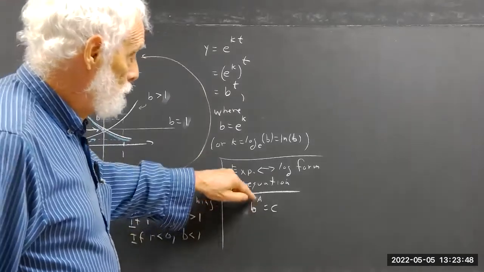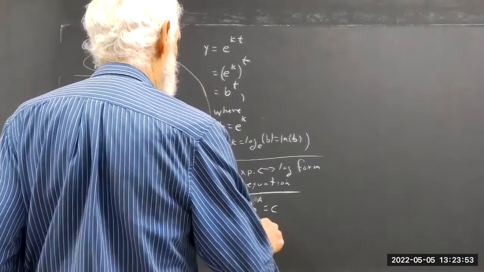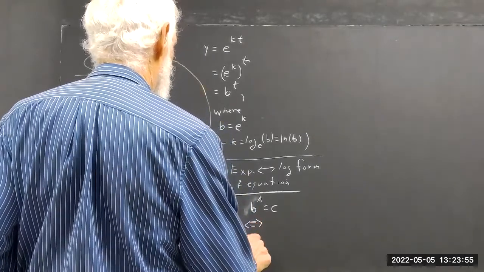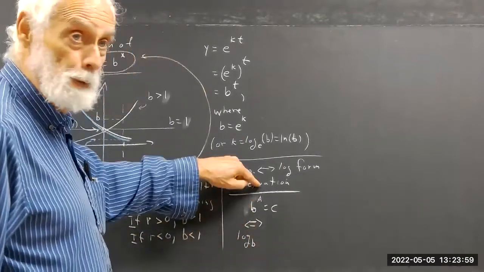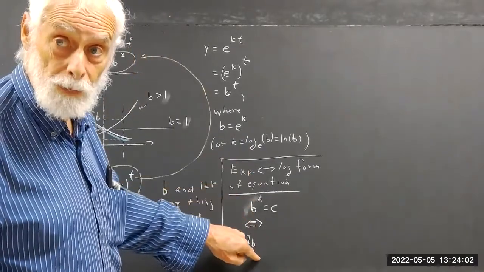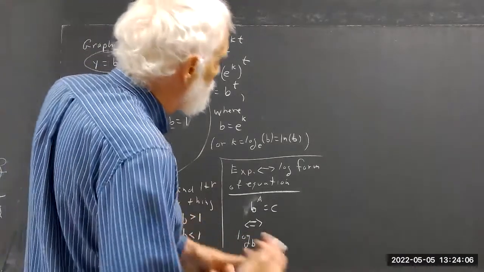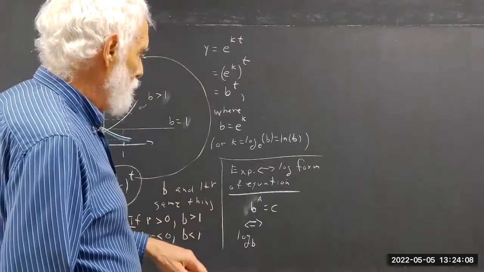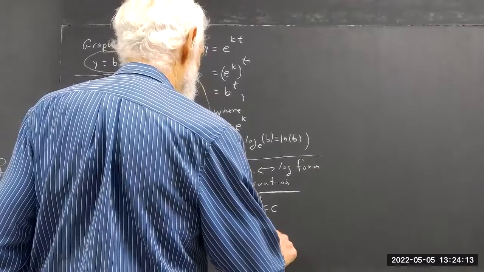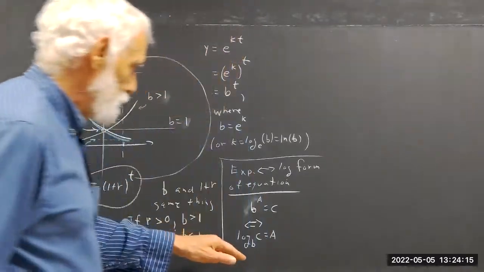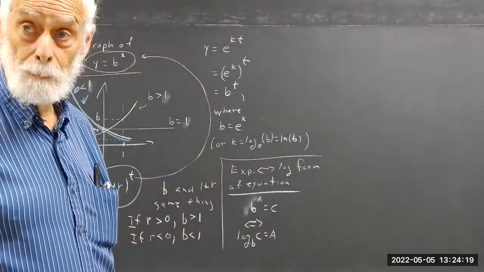The power of B equal to something else is equivalent to the log to the base B, B being the base of your exponential. It's going to also be the base of your logarithm, okay? Now there are good reasons for this, but you don't want A and C to be in the same place. But that becomes log base B of C equals A.